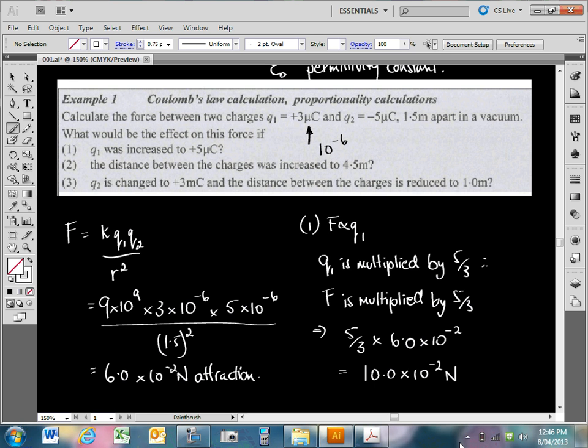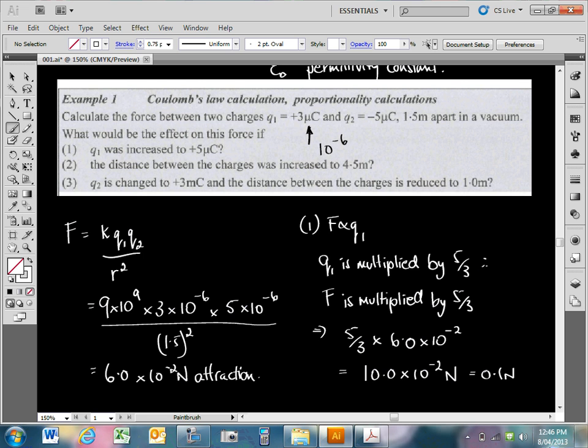The semantics in the questions are a little bit ambiguous. You're right. But what they are actually asking for in this case is, what is the resultant force when we change Q1 to 5? They could have worded that better, yes. 10 by 10 to the minus 2 newtons, which is equal to 0.1 newtons.